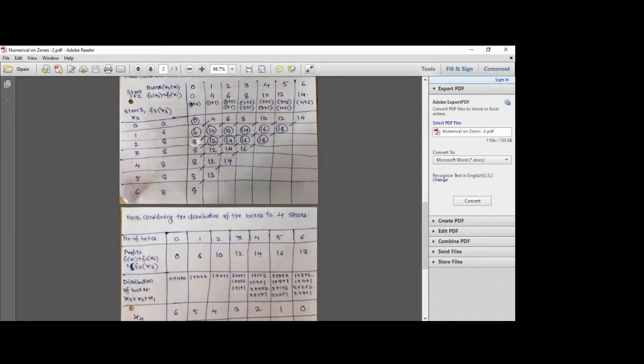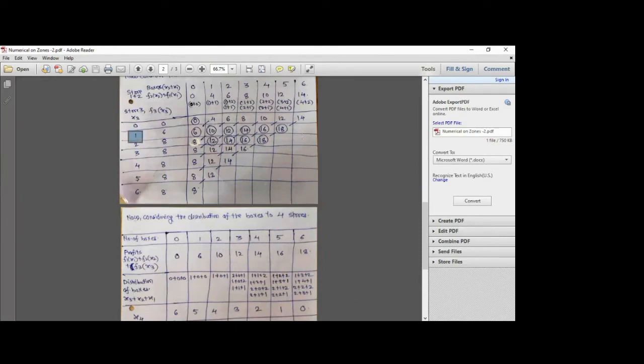Lastly, for the sixth, here what we have is this 18 and this 18. So again there are four possible combinations. Firstly, it is 1 plus 3 plus 2. Next, it is 1 plus 4 plus 1.